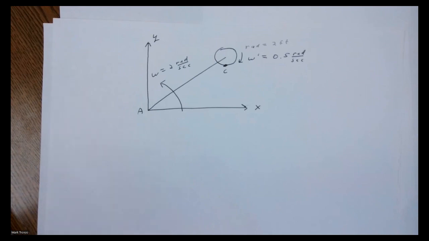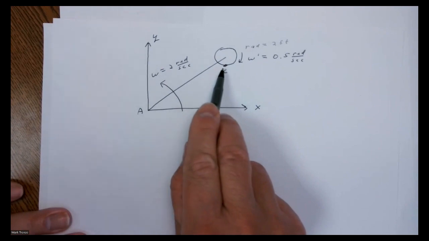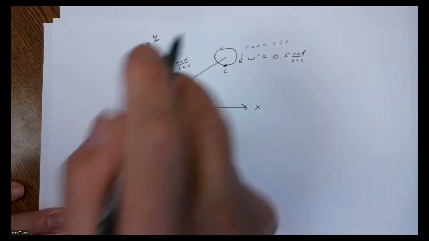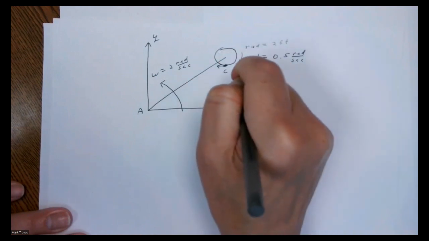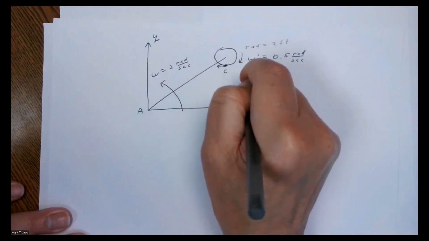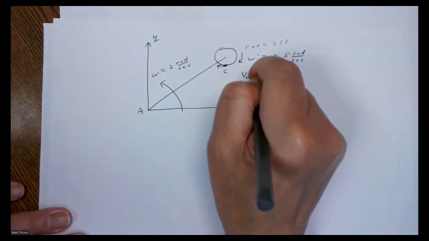And now we're eventually going to need the velocity of this point relative to the whole thing. So let's go ahead and do that now. You'll see in a minute why we need this. So the velocity of the point C is going to be VC.